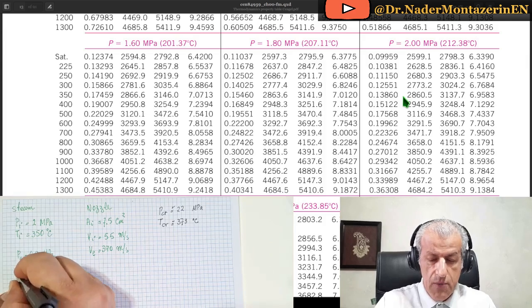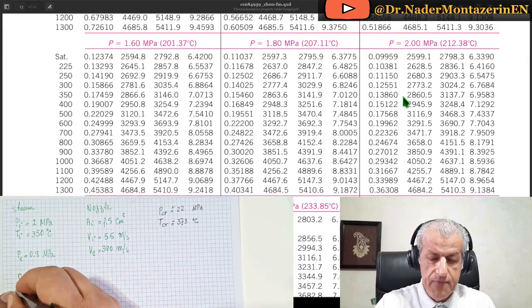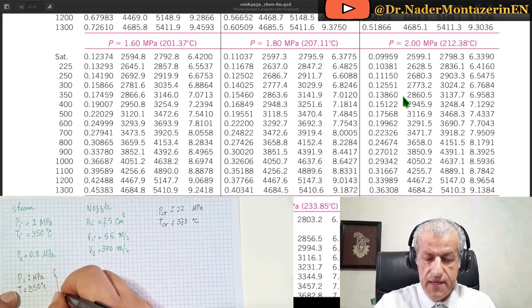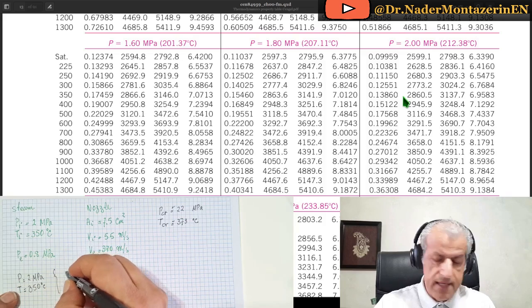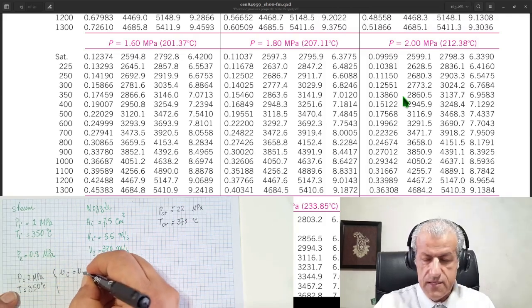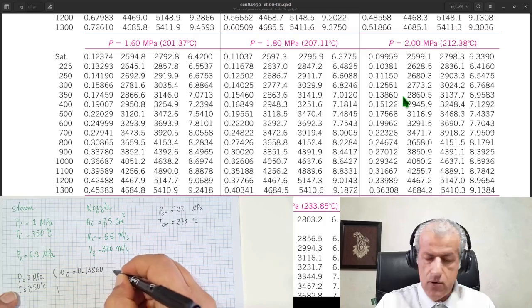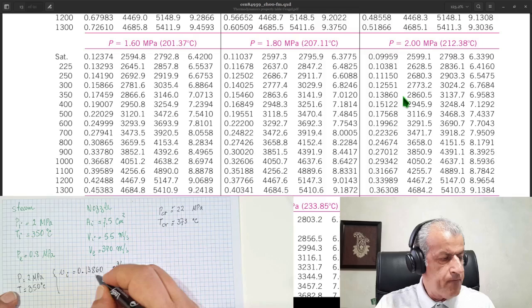So for P equals 2 megapascal and T equals 350 degrees C, the data that we get from the table is that specific volume VI equals 0.13860 cubic meters per kilogram.